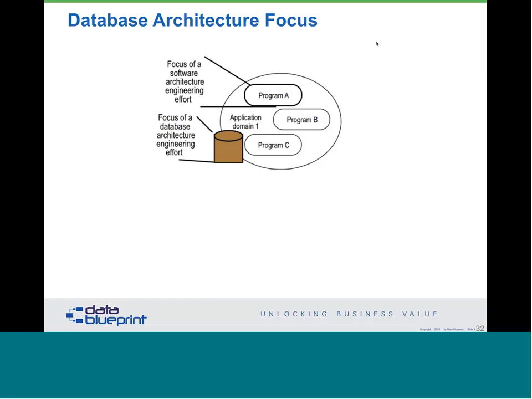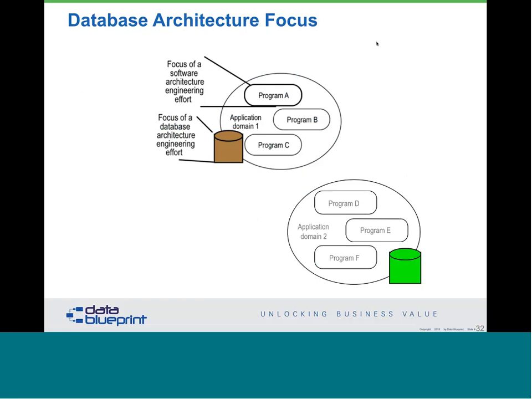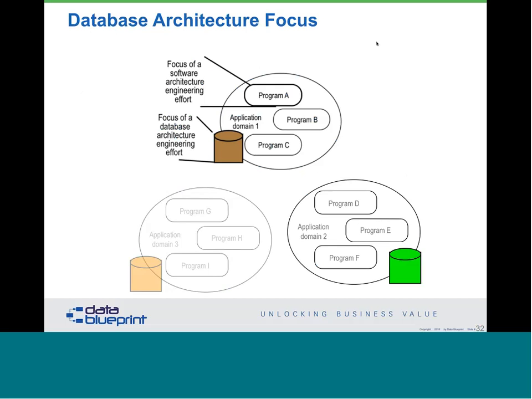In fact, if we look a little bit more, just to give us some context here, a software engineering architecture may span a program or a set of programs. A database architecture may do the brown database there, that is keeping track of programs A, B, and C, providing information integration across them. But the real question is, who's looking at what's going on over with the green database or the orange database?